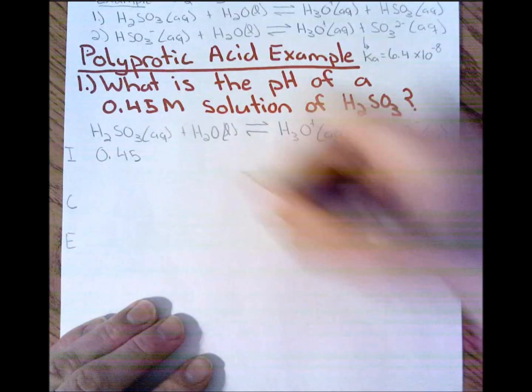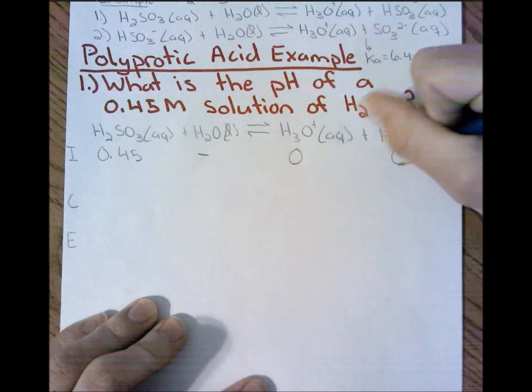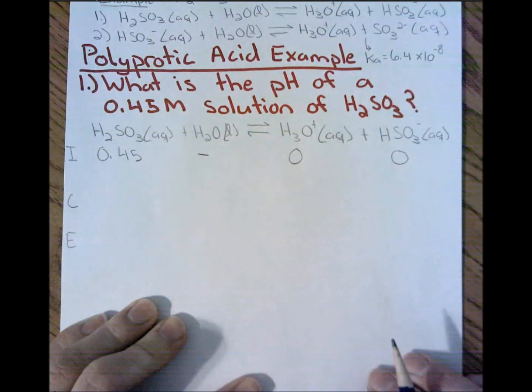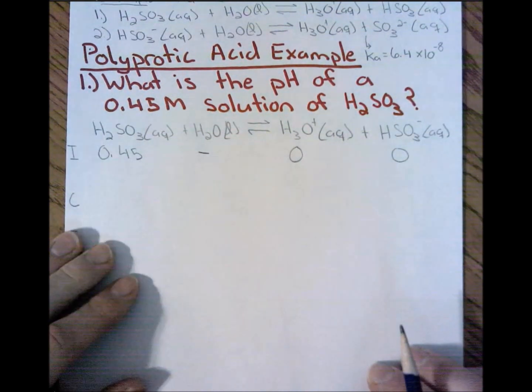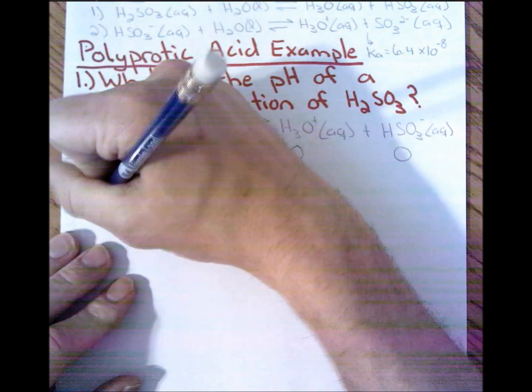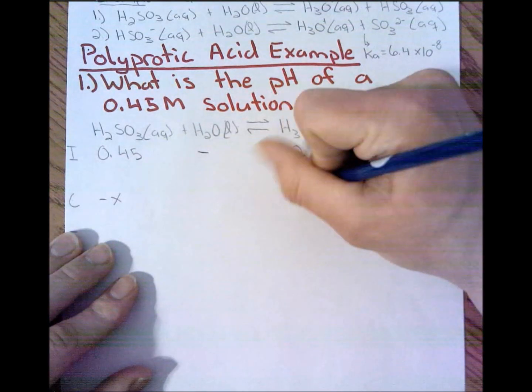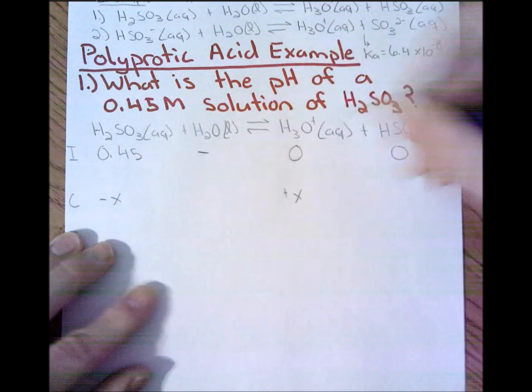We then need to worry about the change. All right, so coefficient, we lose some amount X. Don't need to worry about water. We gain some amount X. Again, one coefficient, and we gain some amount of HSO3. So at equilibrium, we end up with 0.45 minus X, X from H3O, and X from HSO3.